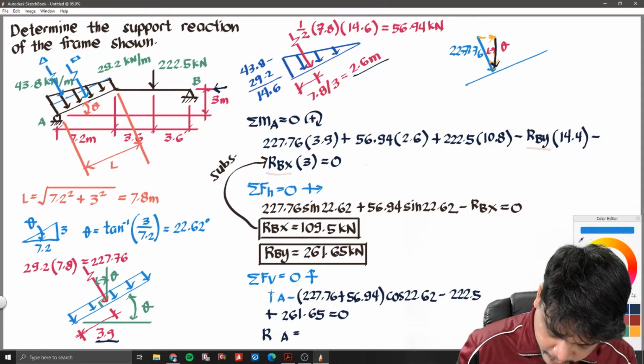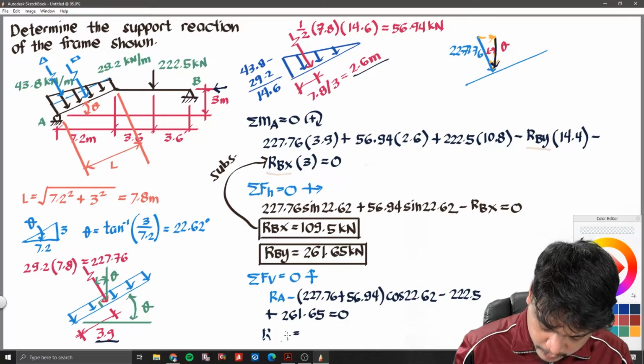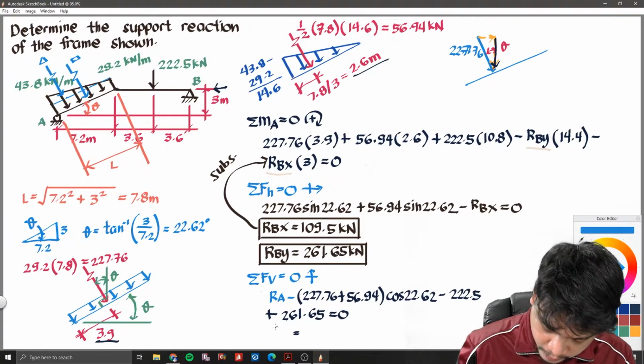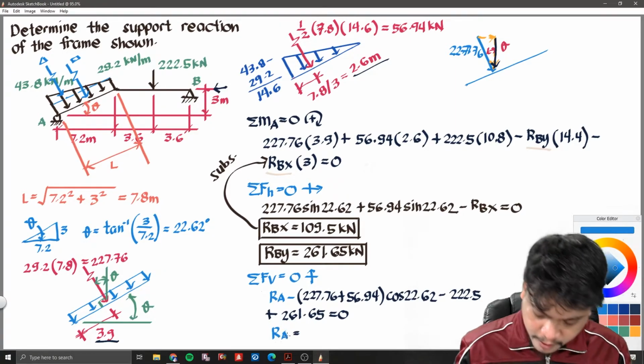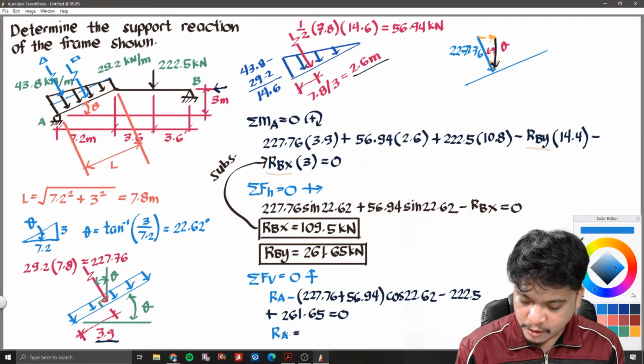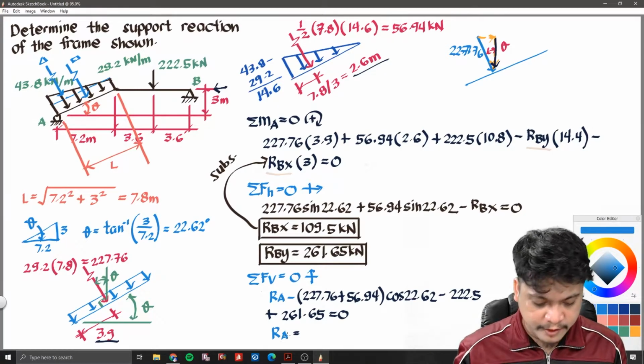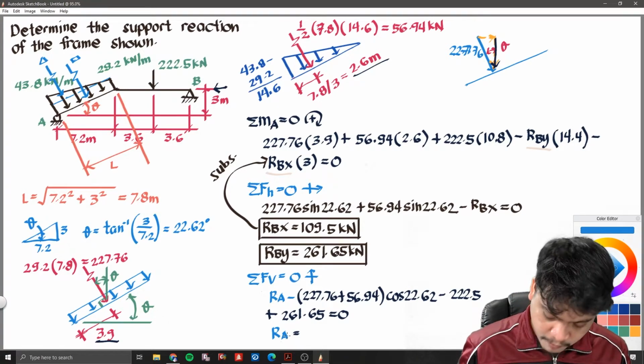So, you will be having here RA. Okay. So, you will be having here RA equal to, so, 227.76 plus 56.94 cosine of 22.62. Okay. Then plus 222.5 minus 261.65. So you will now have this as 223.65.